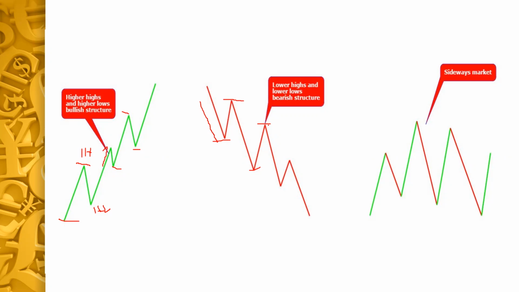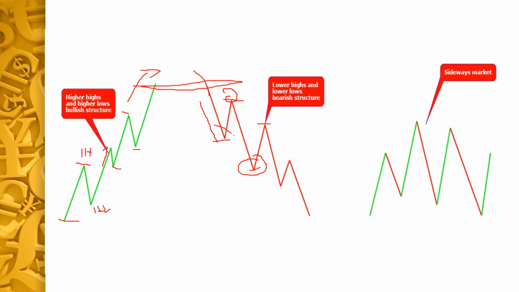So if we're looking at a reversal market, let's say that we're looking at this market right here in this area, we were going up and we got the reversal. You want to see this lower high and you want to see this lower low.